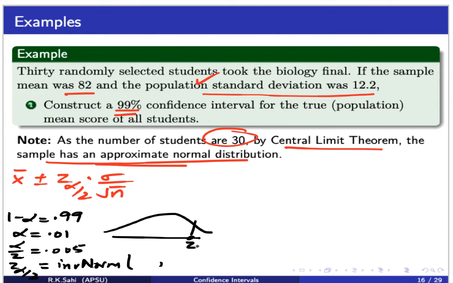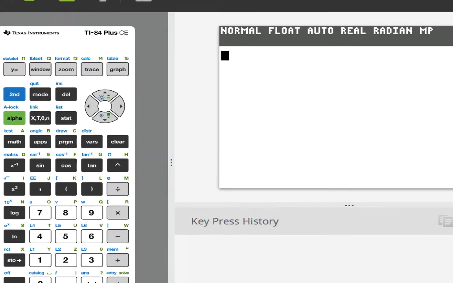We need Z alpha by 2. Okay, that means this one is what? It's 0.99 plus 0.005. So it's 0.995, 0 and 1. So let's go ahead, our calculators, to do the math for us.